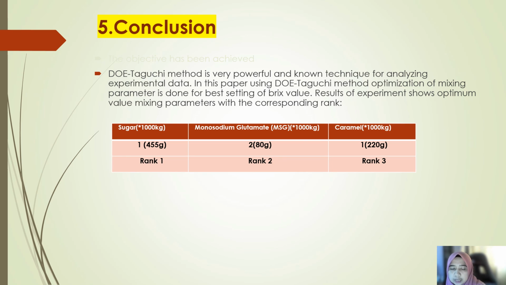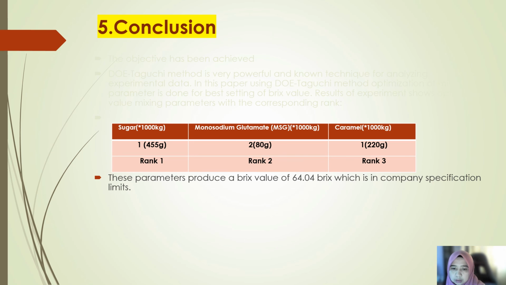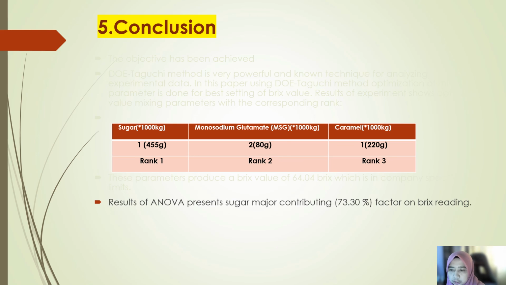The result shows that sugar is rank 1 with low value of 455 grams times 2000 kilograms, monosodium glutamate is 80 grams times 2000 kilograms, and caramel is 220 grams times 1000 kilograms. Okay, these parameters produce a brix value of 64.04 brix, which is within the company specification limits.